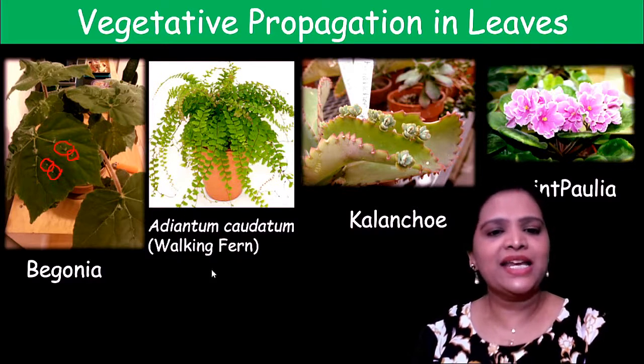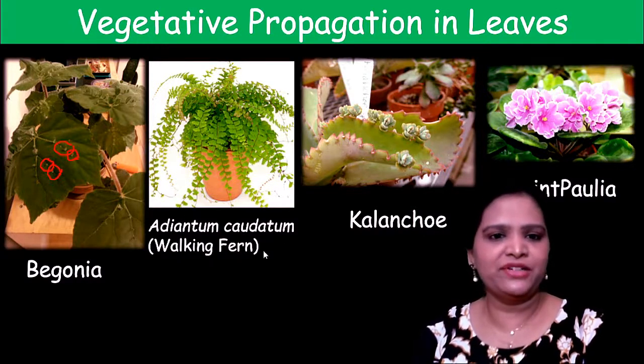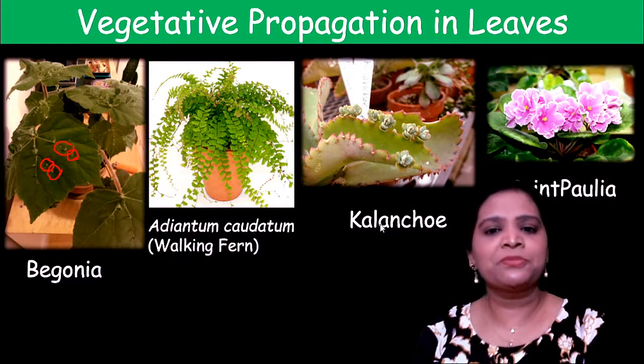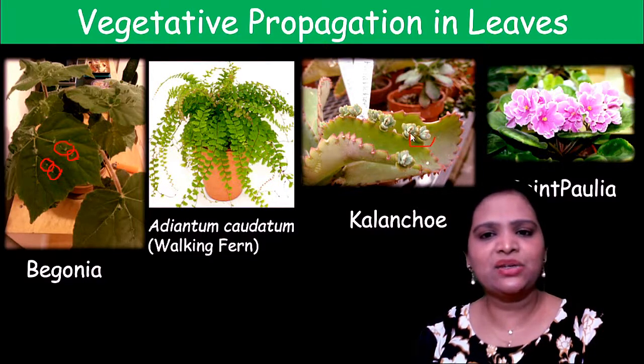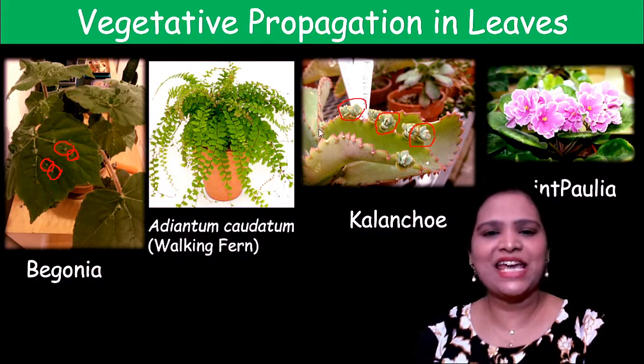Another example is Adiantum caudatum, called walking fern. This is another plant having leaf modification. And the third one is Kalanchoe. Kalanchoe is the same as Bryophyllum, but the buds are a little bigger compared to Bryophyllum, on its margin.